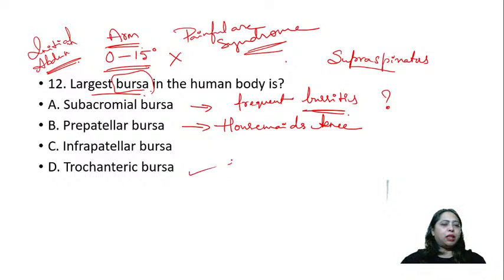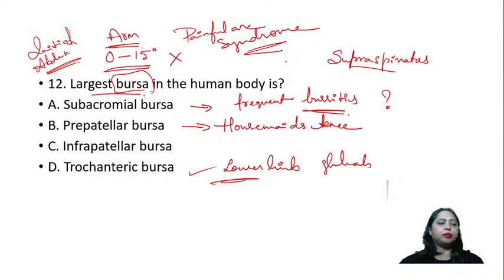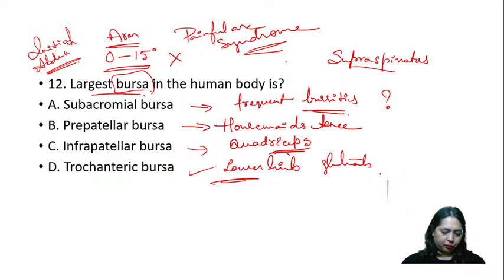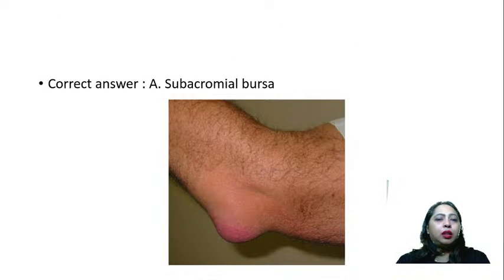The trochanteric bursa in the lower limb is below the gluteals. Supra and infrapatellar are around the quadriceps. So these are the different ones. The largest of all of them is the subacromial bursa.